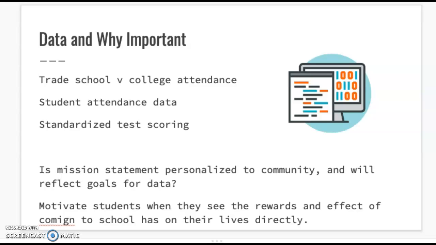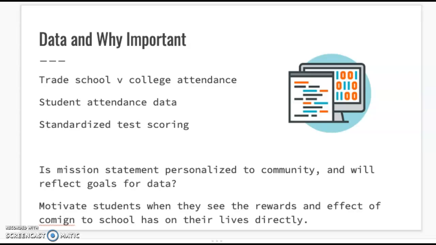So I actually worked in a rural school, and now I work in a suburban school. So I actually really identified with this case study. Trade school versus college attendance was a very hot topic whenever I was in a rural area, because I underestimated how many of the students would actually go to college, and how many of them, it wasn't a sense of means, it was a true desire, and did they think it was important.